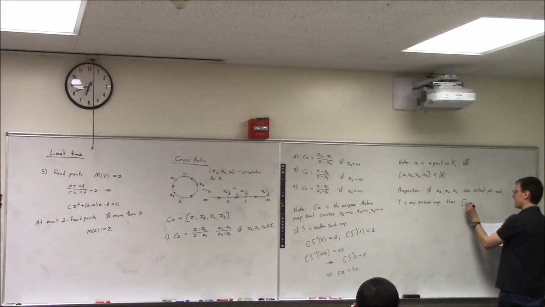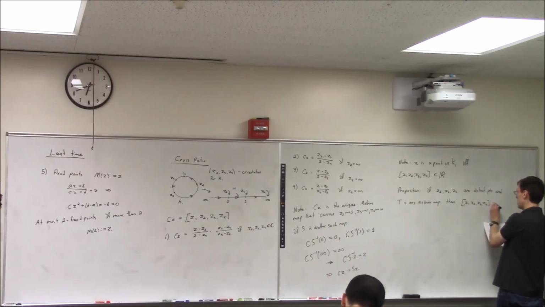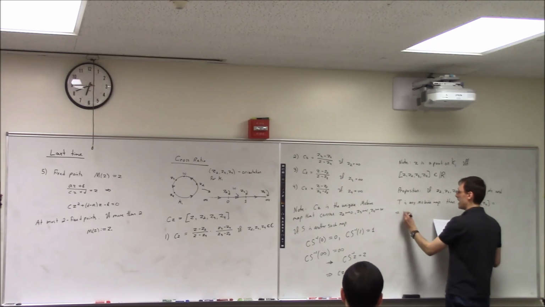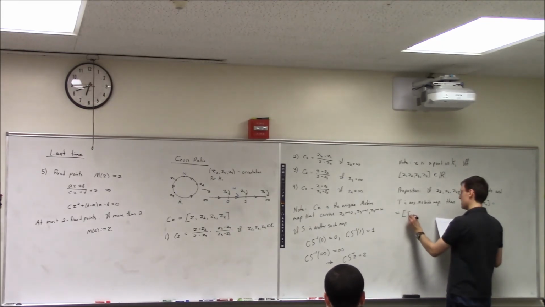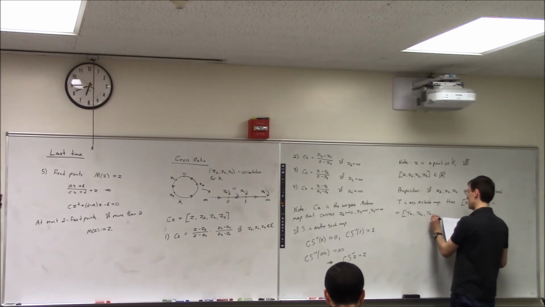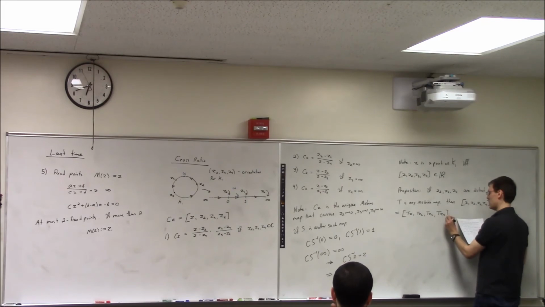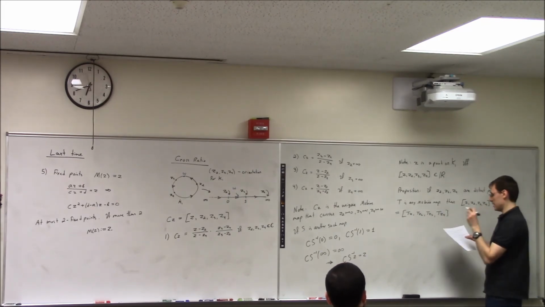Then the cross ratio of Z, Z2, Z3, Z4 ends up being the same as that of T of Z, T of Z2, T of Z3, T of Z4. So cross ratio is invariant under this transformation.